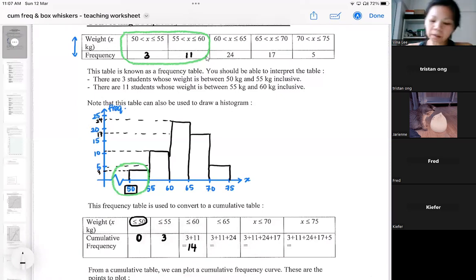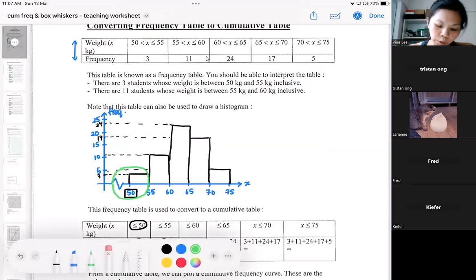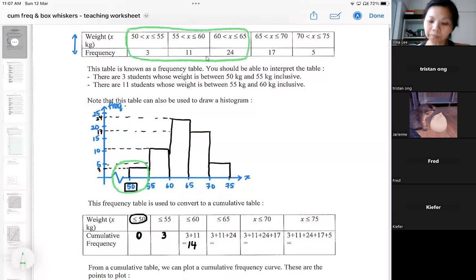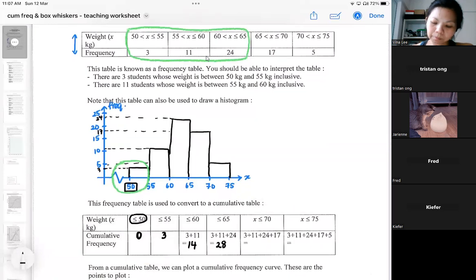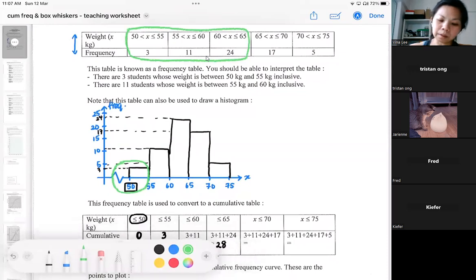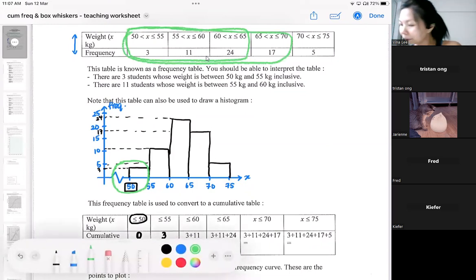Okay, so then how many students are less than 65 kg? So Jaren, now you're kind of accumulating. Less than 65, everybody here is less than 65. So that's why you keep adding. So how many are less than 70? You keep accumulating.